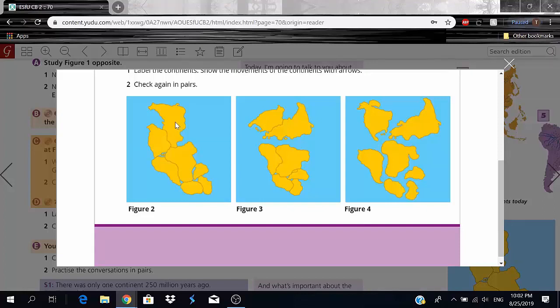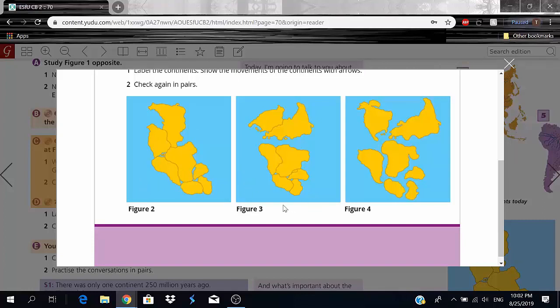The translation for that is all lands, right? And it was surrounded by one ocean at the time called Panthalassa, the translation for all seas. So it was basically one continent called Pangaea and one ocean, and the date was around 250 million years ago.